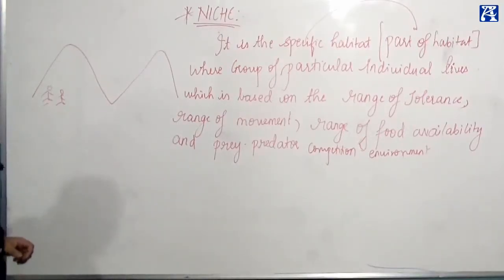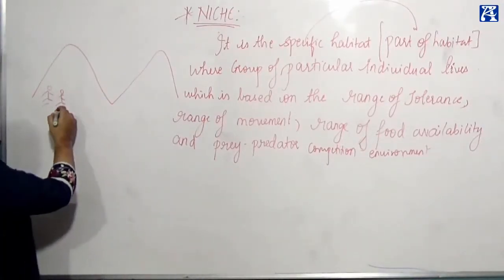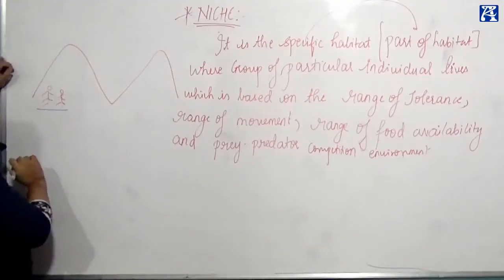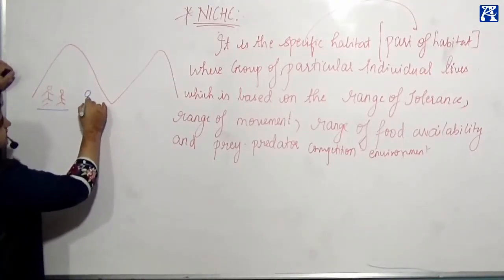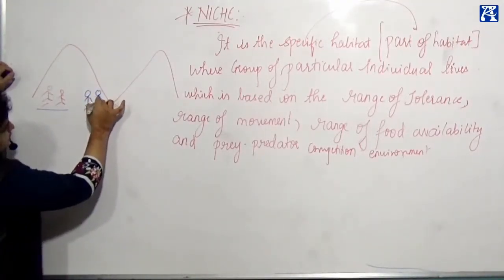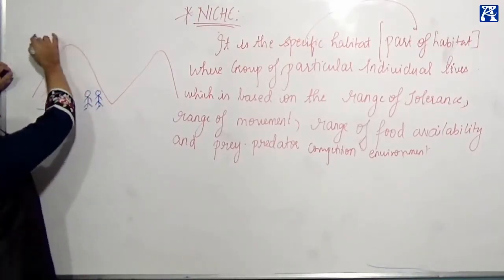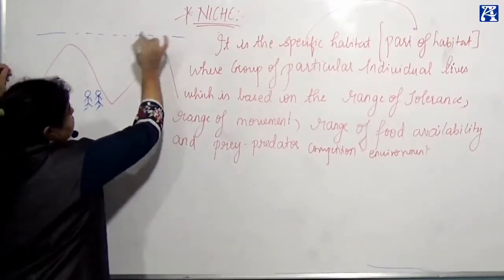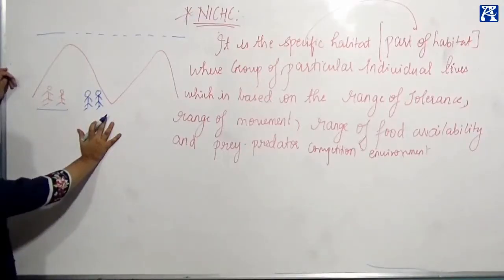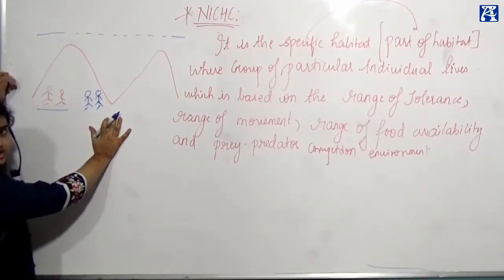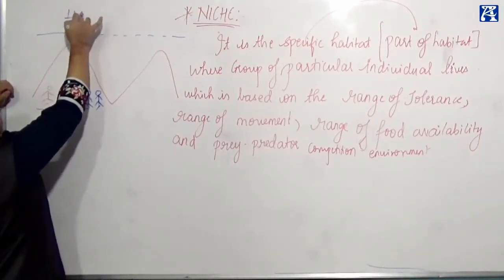Okay? And then comes what? Suppose here a few people subsist, here also a few people subsist. This is what? Mountain. What is this mountain? It is a habitat. Put your attention here. This is a habitat.